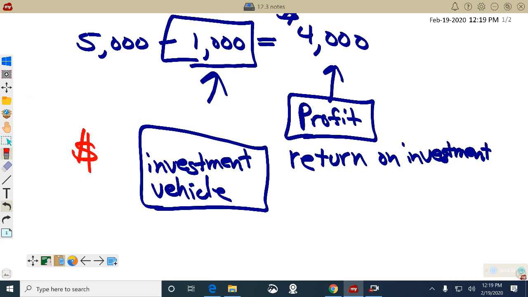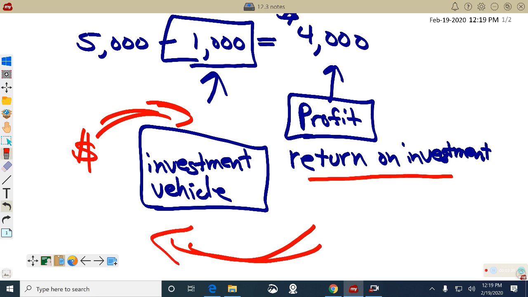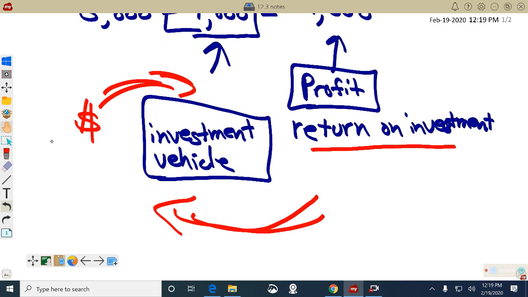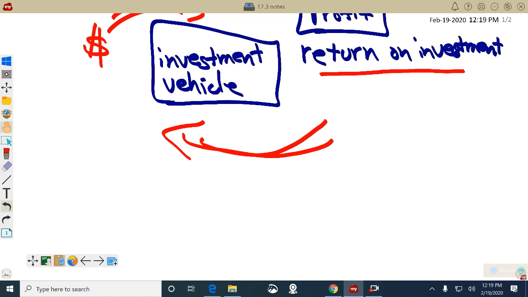How do I take money, give out money into something for a return? What kind of investment vehicles are there out there that if I give money into it, it'll give me a higher return on my investment? Yes, those 10 words, different investment vehicles that get you from point A to point B with your money.